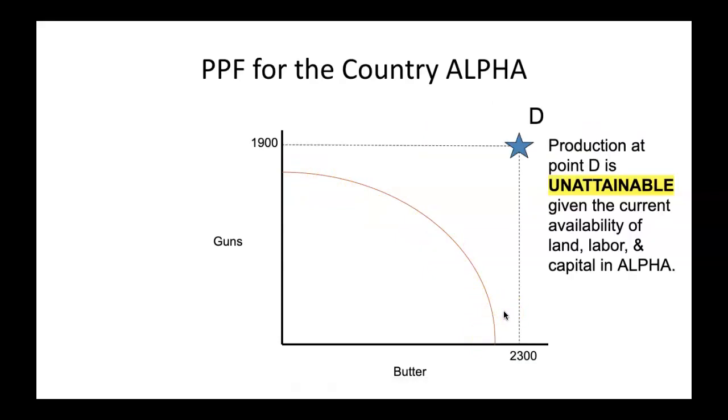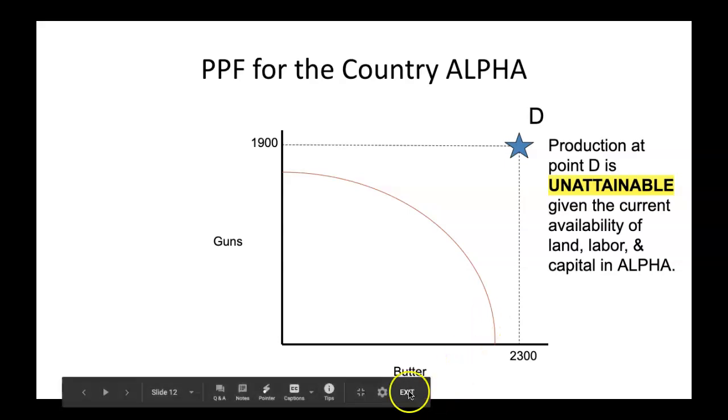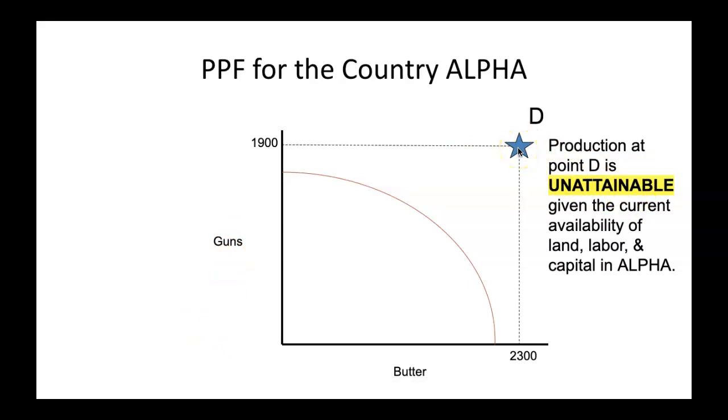So, we want to add to our vocabulary. Go ahead and get your study guide again. You want to get to the vocabulary word that has a blank and says production. This is unattainable production.